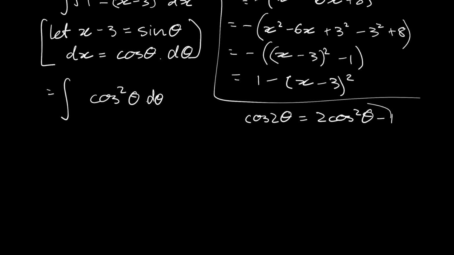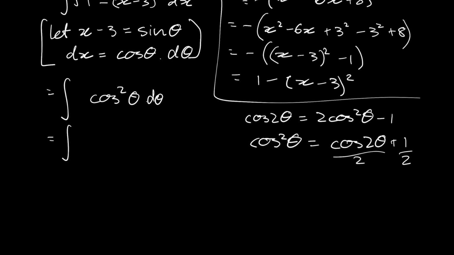We know that if we remanipulate this, we can isolate cosine squared of theta being equal to cosine of 2 theta plus 1 all over 2, or cosine of 2 theta over 2 plus 1 over 2. So we can substitute these two terms in for cosine squared of theta, and we get the integral of cosine of 2 theta over 2 plus 1 over 2 d theta.